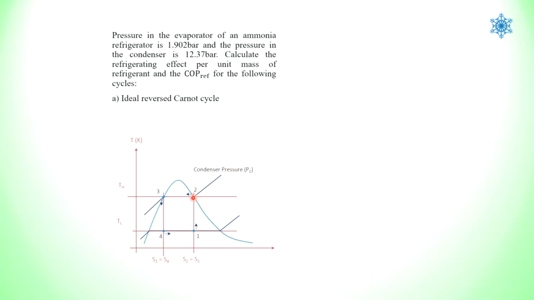The entropy Sg, because point 2 sits on the dry saturated vapor line, and point 3 sits on the saturated liquid line. So S2 will be equal to Sg at this pressure, and S3 would be equal to Sf at this pressure.